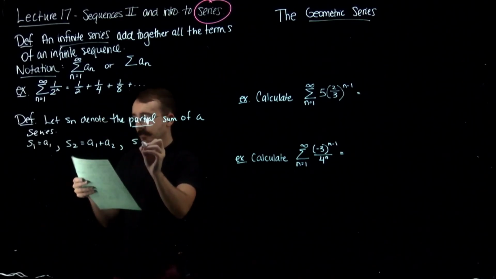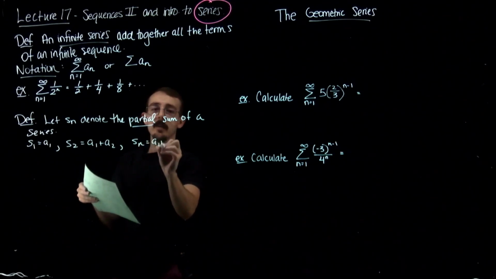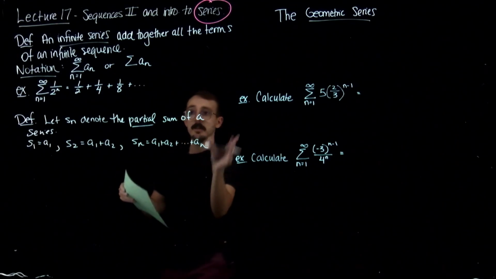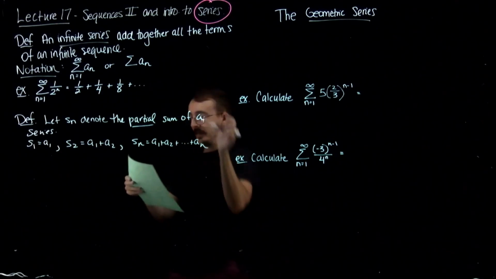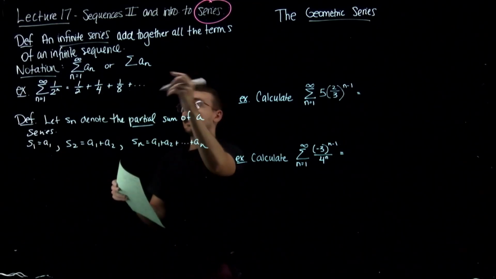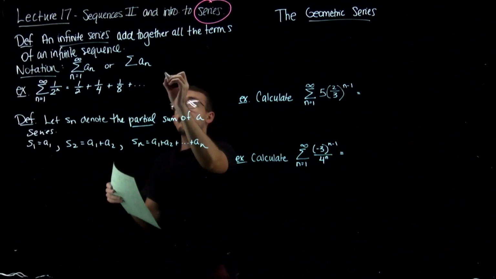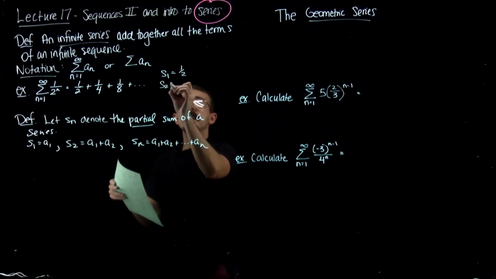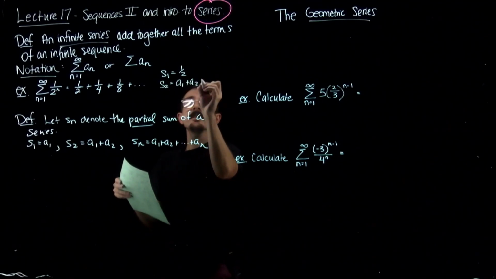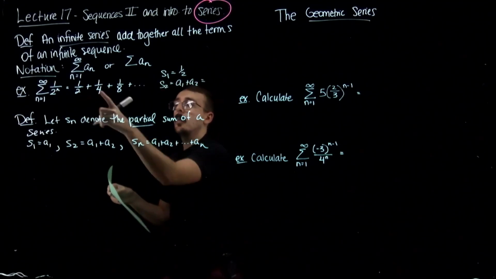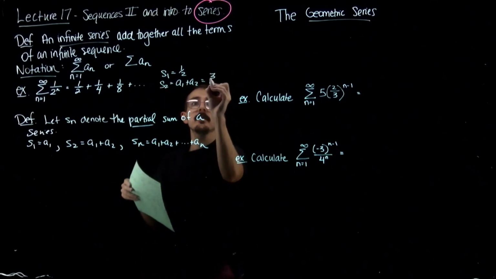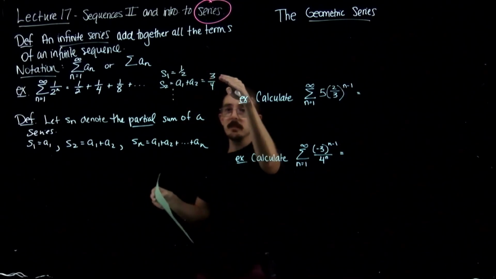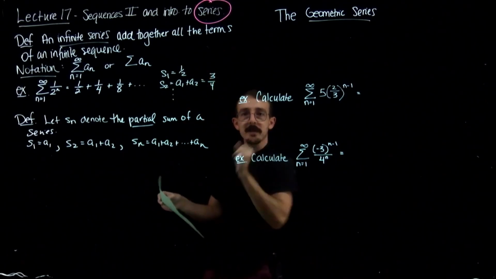And then S of n would be a1 plus a2, going all the way up to the nth term of the sequence, and you'd stop. You wouldn't go forever. For the example I was just doing, S of 1 is 1/2. S of 2 is the first term plus the second term, which is 1/2 plus a 4th. That's 3/4. And I could keep going like that. So that's a concrete example of what a partial sum is. You stop at a certain point.